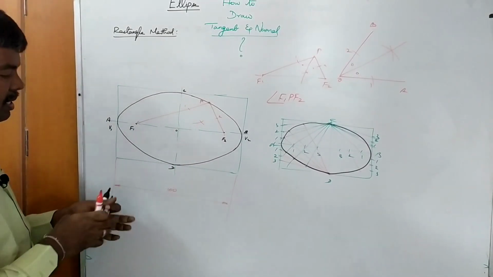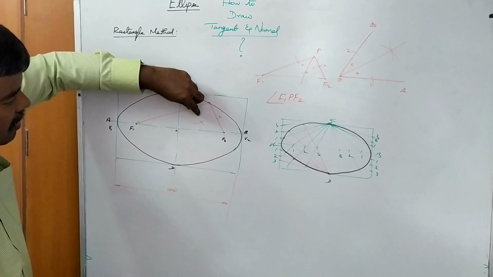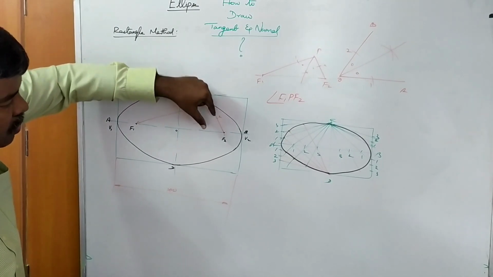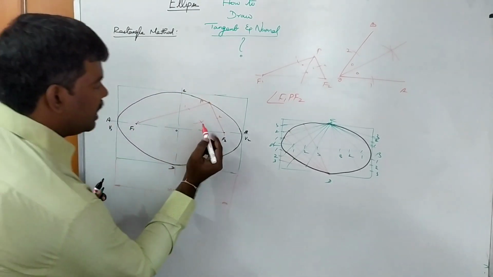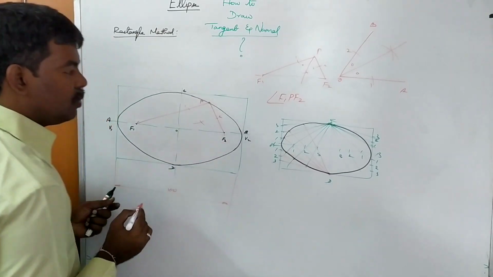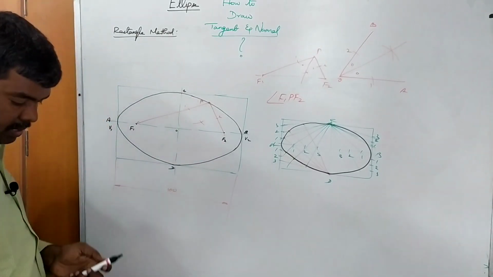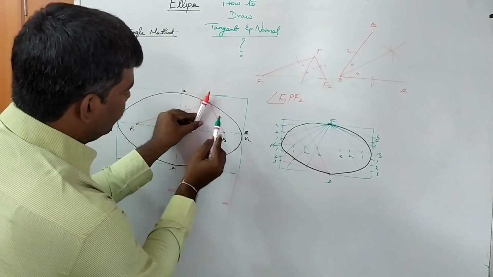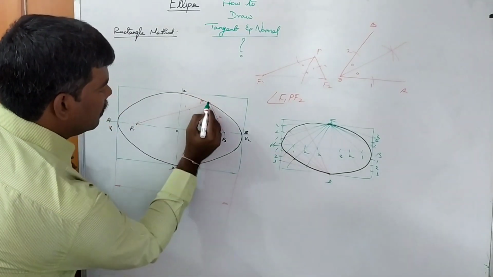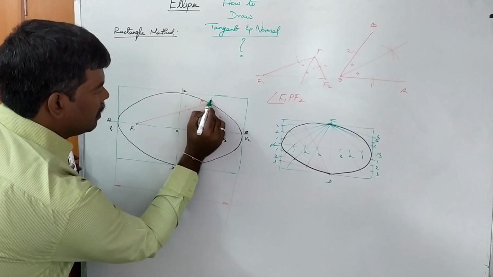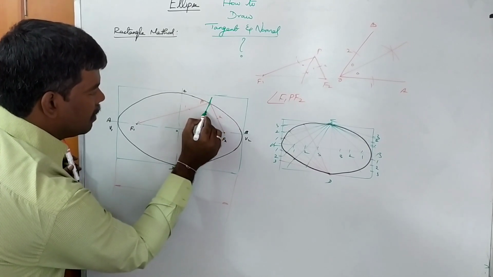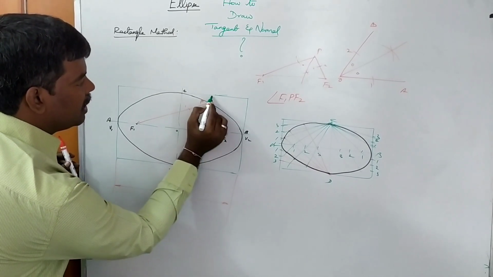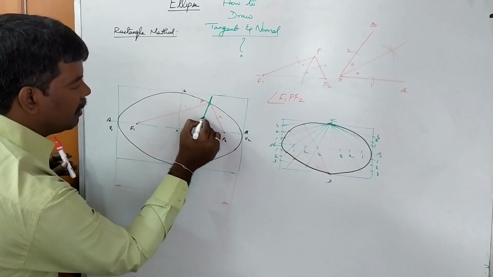The intersection point of the two arcs, you join it. Clear? So this line joining is the normal.